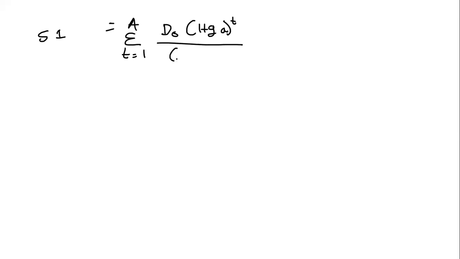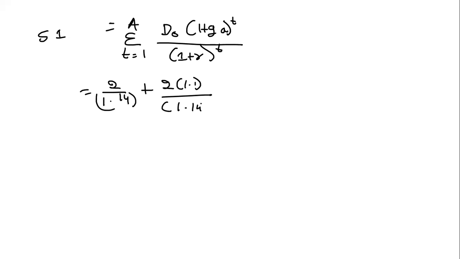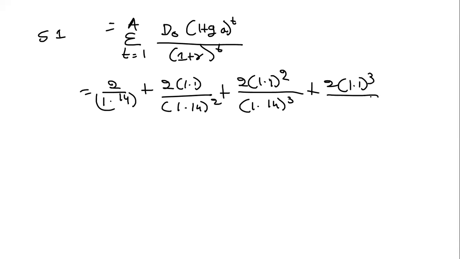Step 1: A summation T is equal to 1 D naught (1 plus G A) raised to T divided by (1 plus R) raised to T. We know the dividend is 2, divided by 1.14, plus 2 into 1.1 squared, because the growth is 10%, divided by 1.14 squared, plus 2 into 1.1 cubed divided by 1.14 cubed, plus 2 into 1.1 to the 4 divided by 1.14 to the 4.